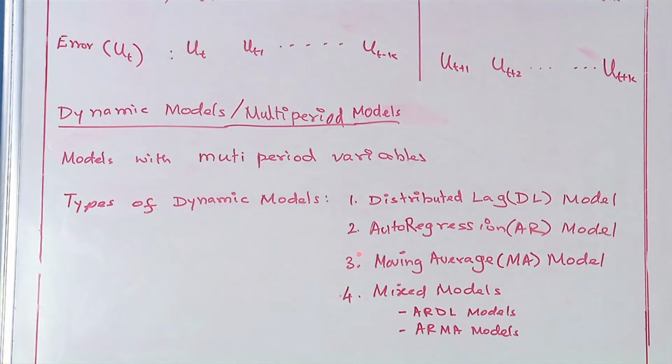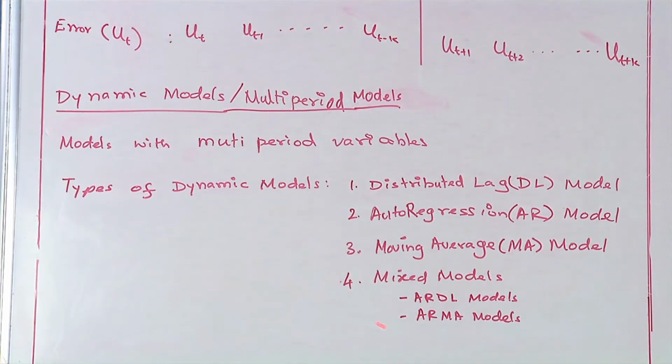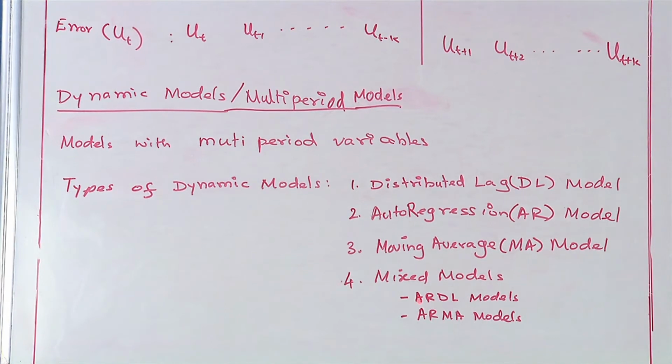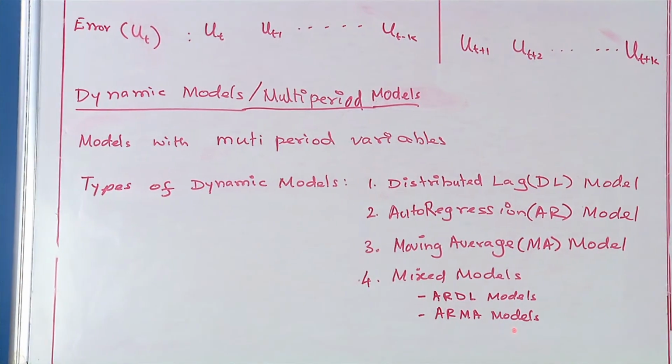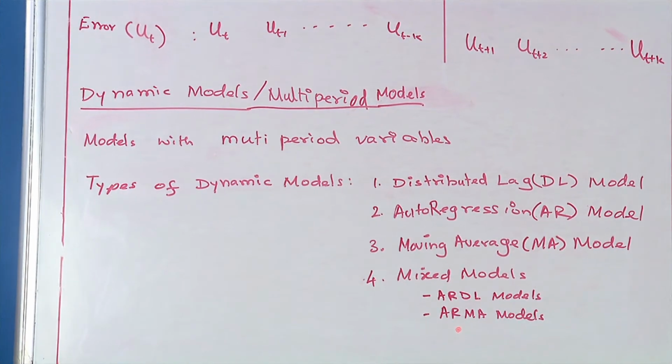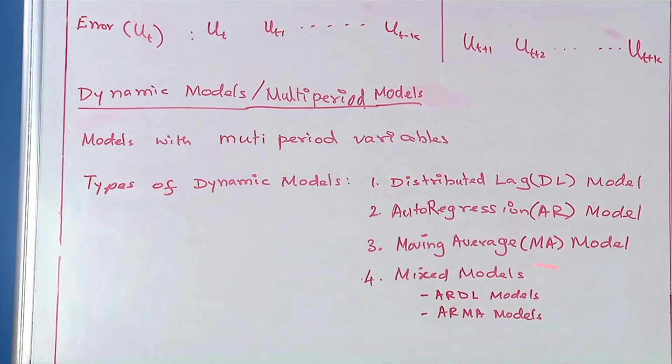There are pure autoregressive models, there are pure moving average models, and there are some mixed models. They are ARDL models, otherwise autoregressive distributed lag models. There are ARMA models, that is autoregressive and moving average models, and these are all the mixed models.